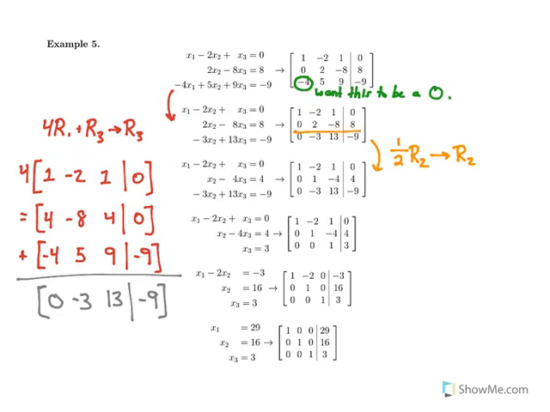That is looking at row 2 only, and just halving all the numbers. 2 divided by 2 is 1, negative 8 divided by 2 is negative 4, and 8 divided by 2 is 4. The goal here was to get a 1 in that middle spot.